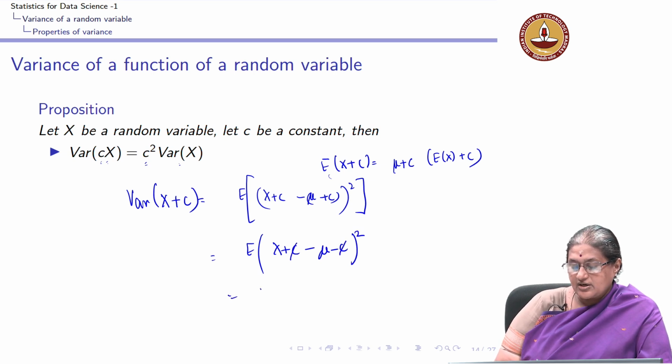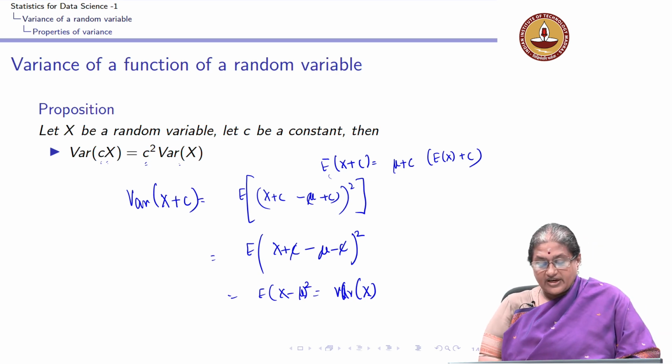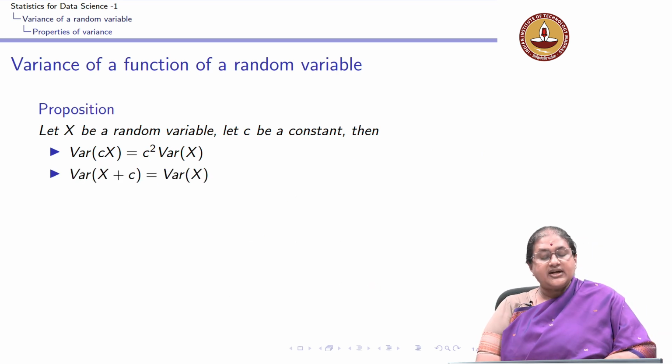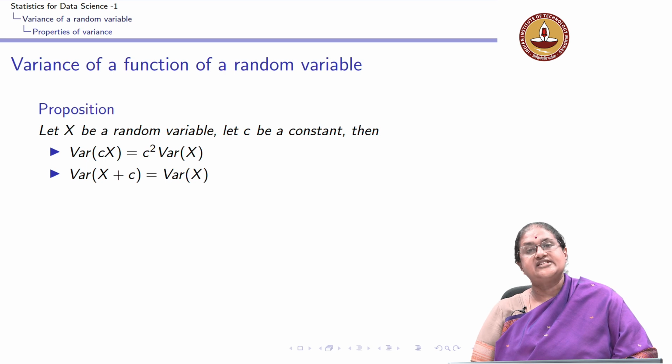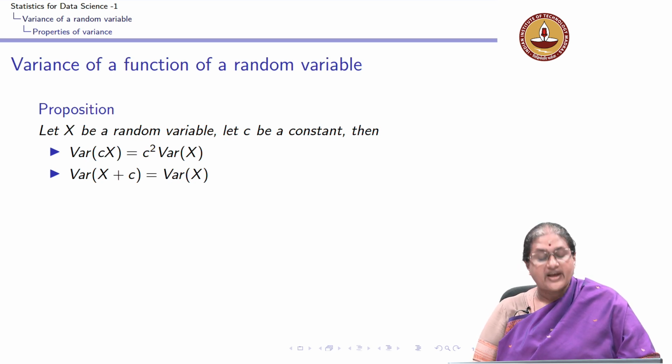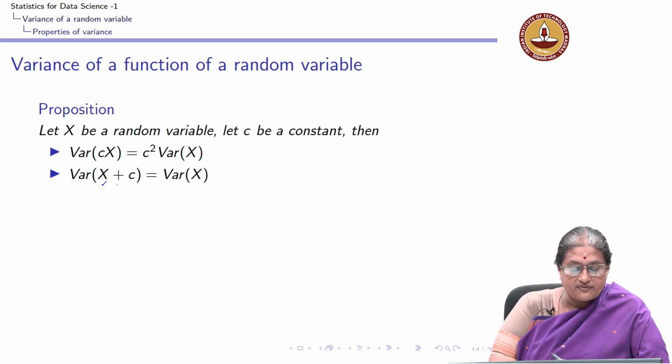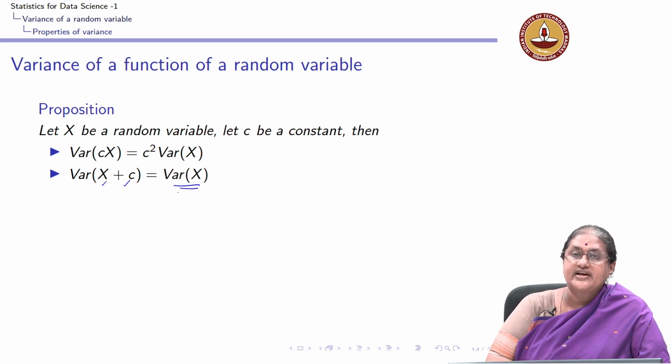These two cancel out, which is the expectation of (X minus mu) whole square, which we know is the variance of X. So the variance of a constant times a random variable is c square times the variance of X, whereas the variance of X plus a constant is the same as the variance of X.